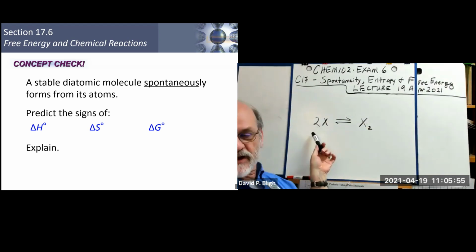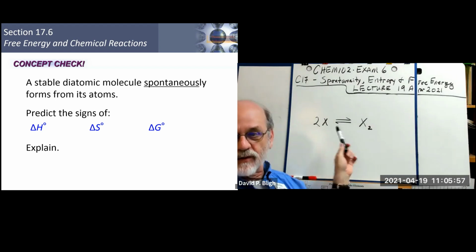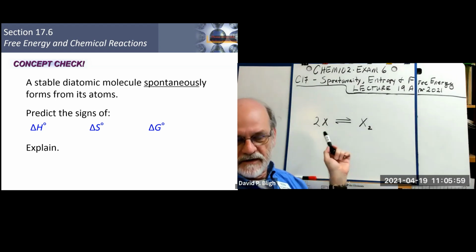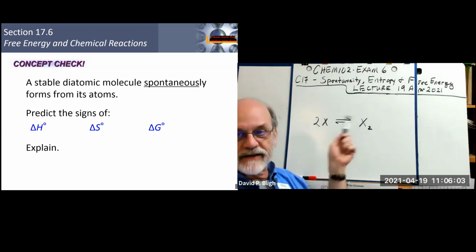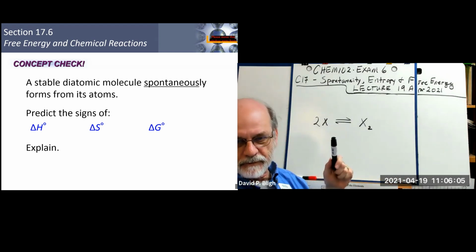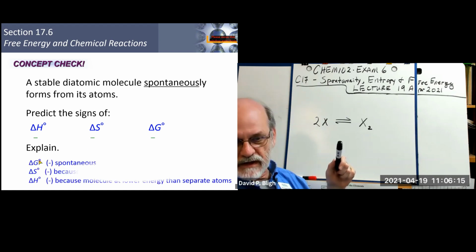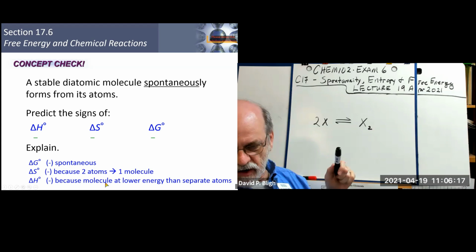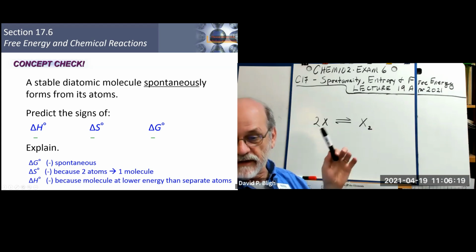When these two atoms come together to form a bond, they release energy. They're more stable, right? So delta H is exothermic. This is an exothermic process. How about delta S? Well, there's the delta H here because the molecules are at lower energy than the separate atoms.